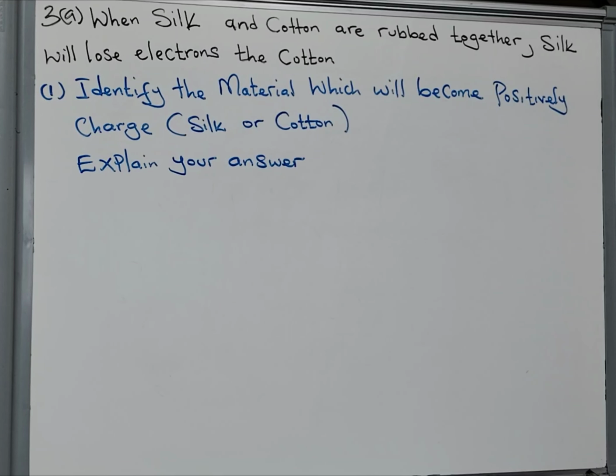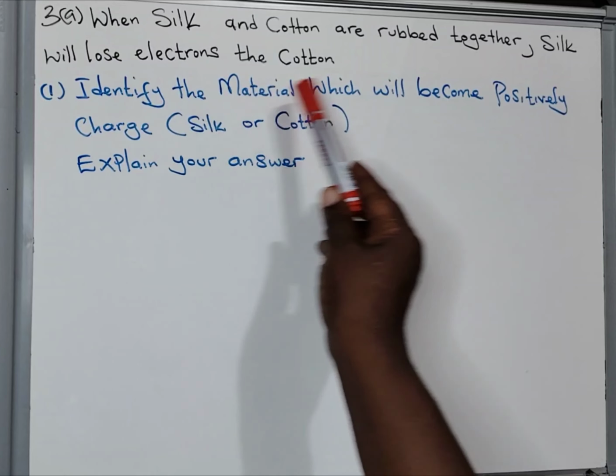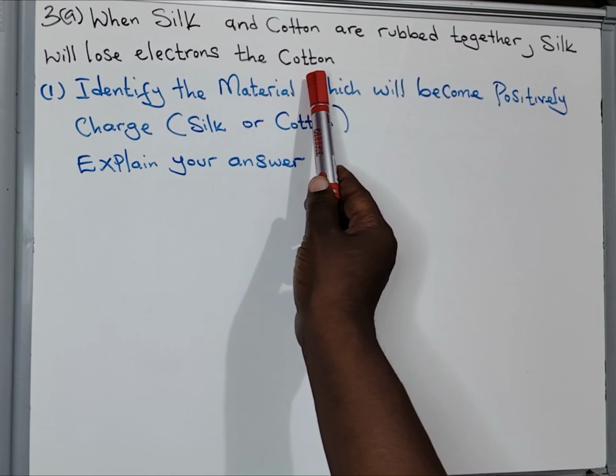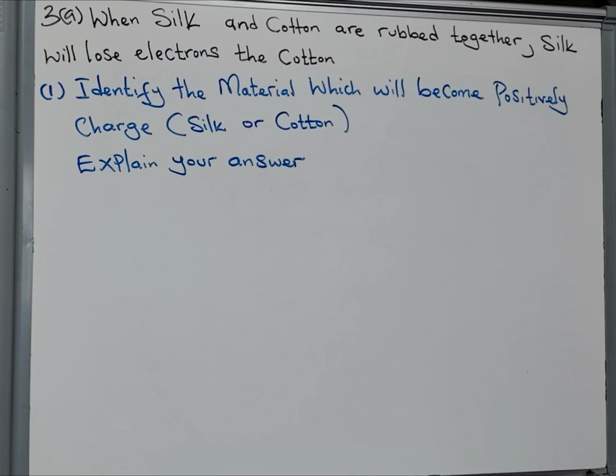Okay, what is happening here? We're having two materials being rubbed together. And we are saying that silk loses electrons to cotton. What does it imply? It implies that cotton gains electrons and the silk loses electrons.